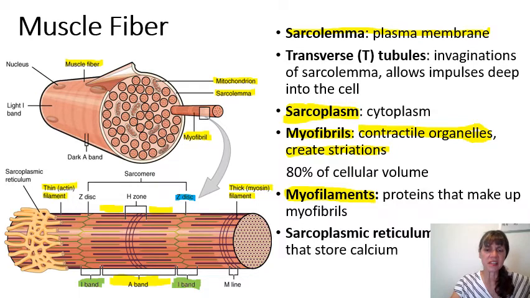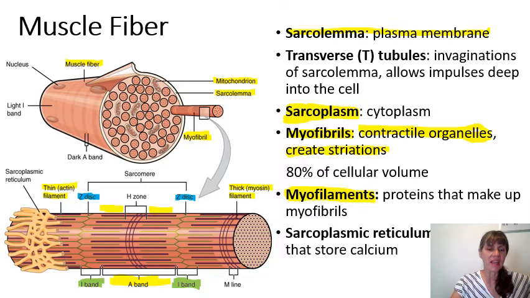Pay attention to the things that you find in these areas. In the I band, the only thing we find in terms of proteins that you need to know is actin.